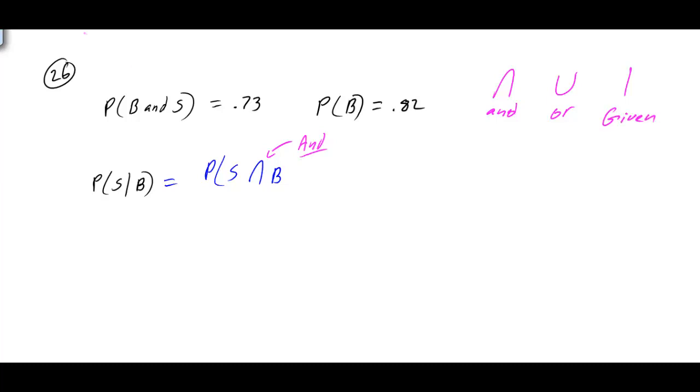So what's the probability of swim and bridge divided by the probability that they play bridge? Well, they tell us swim and bridge is 0.73. And then the probability that they play bridge is 0.82. So if we divide 0.73 by 0.82, that is equal to 0.89.